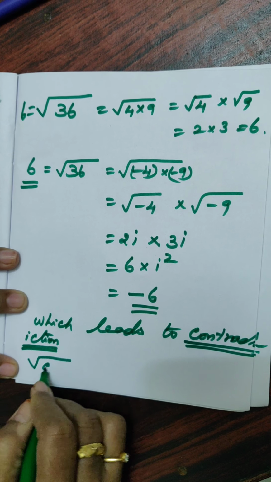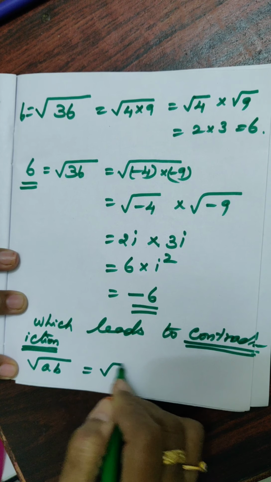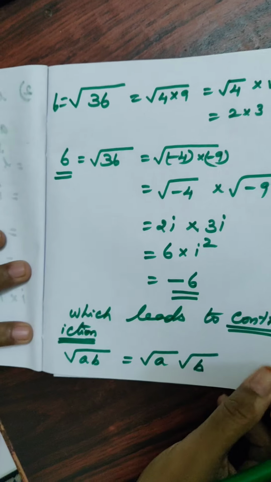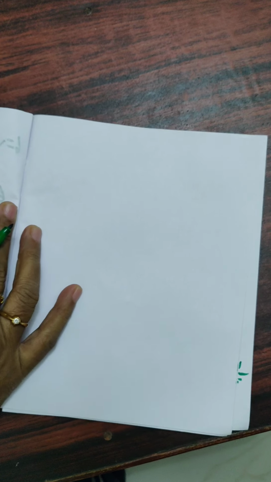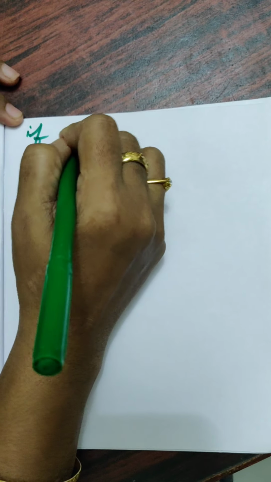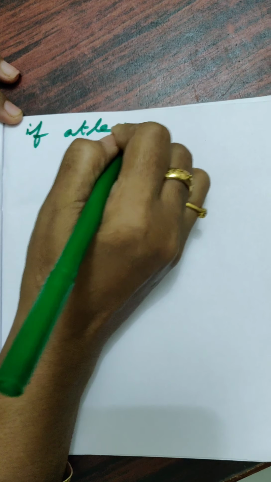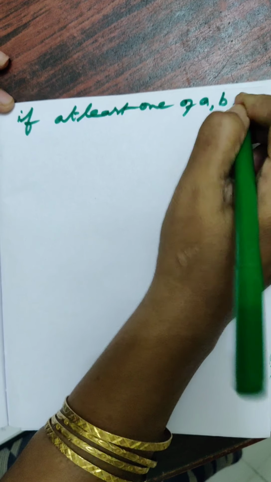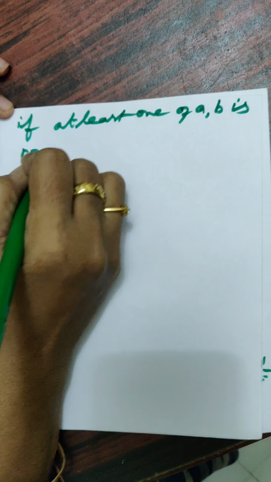I am generalizing the result: root of AB equal to root of A into root of B is valid only if at least one of, please note the point, at least one of A, B is non-negative.